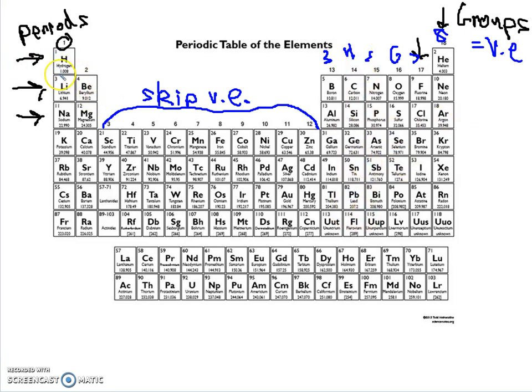Okay, periods actually correspond to the electron shells. So let's switch to red. Why not? Equal electron shells.